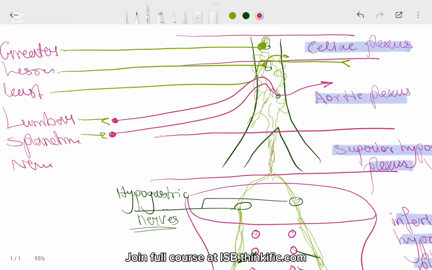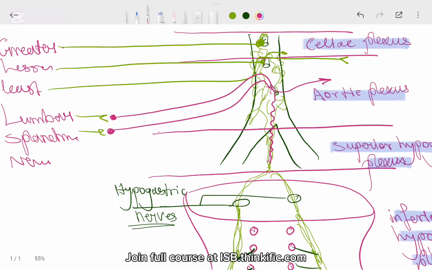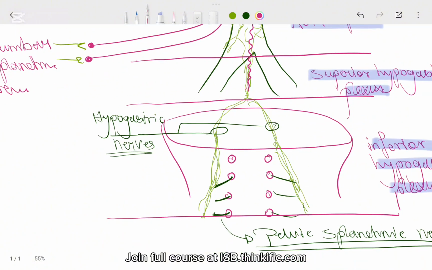That's very important. Some of these post-ganglionic sympathetic fibers come down to the superior hypogastric plexus, and then from there through the hypogastric nerves to the inferior hypogastric plexus. So these are feeding post-ganglionic sympathetic nerve fibers down to the inferior hypogastric plexus.